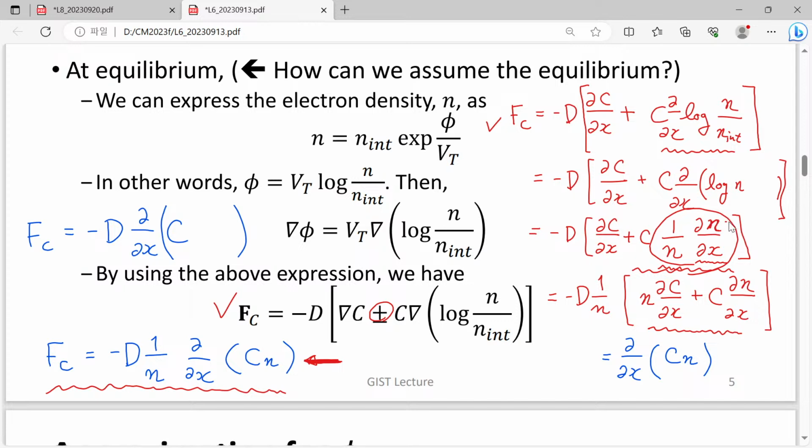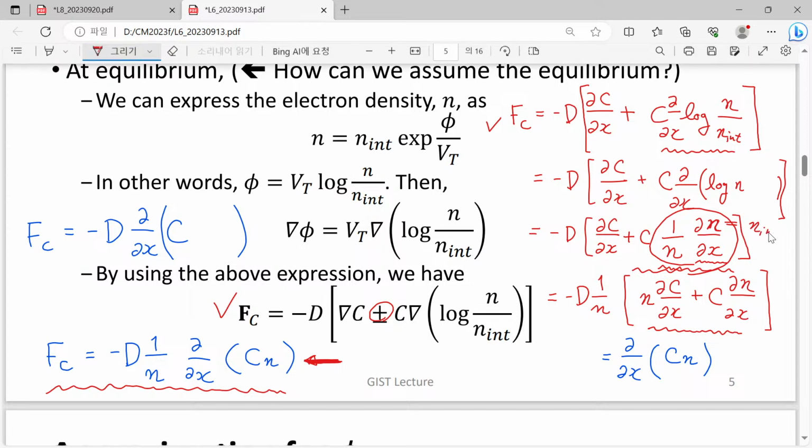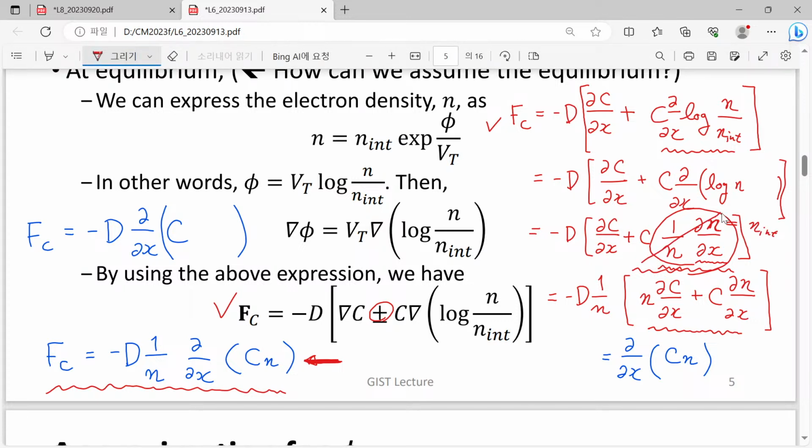So if n is equal to n intrinsic everywhere, then this is not a significant impact. Only when electron density drastically changes over the position do we have the effect.